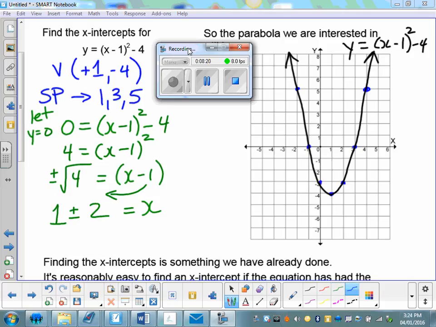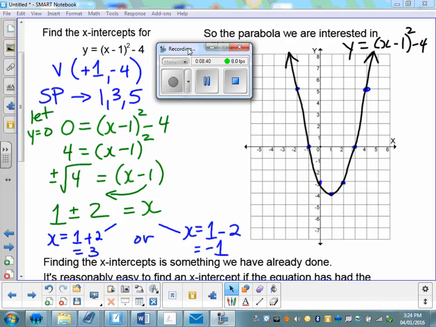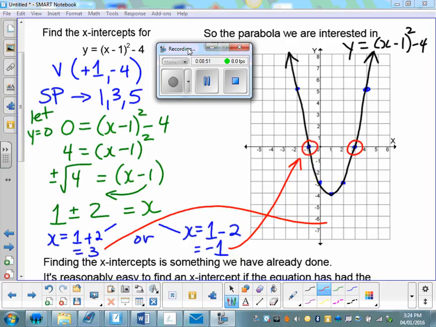So if I take a look at the two different answers, I'm going to get x equals 1 plus 2, so x equals 3, or x equals 1 minus 2, which equals -1. And you can see that on the graph, my x-intercepts are at -1 and 3. So there's the connection between what we were doing before and what it looks like on the graph.